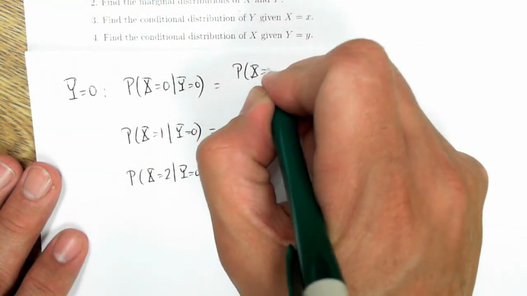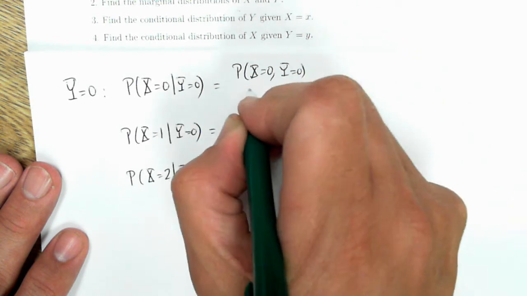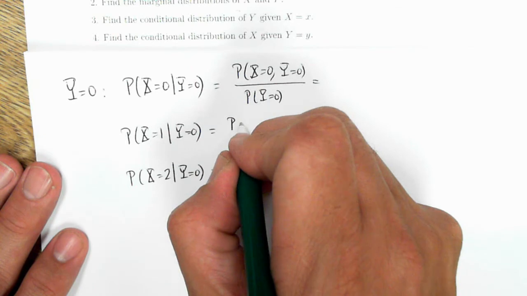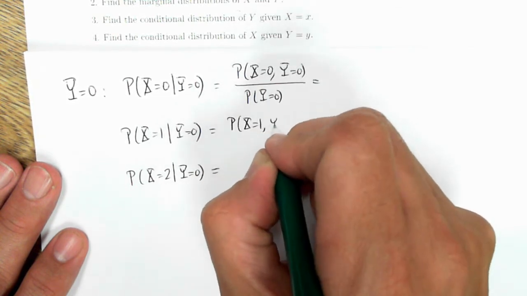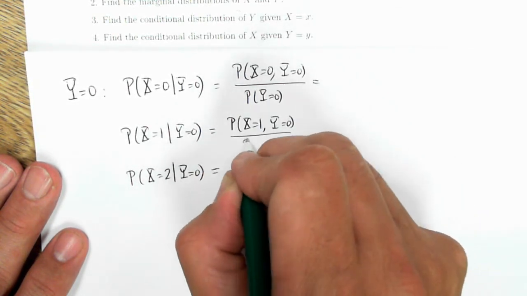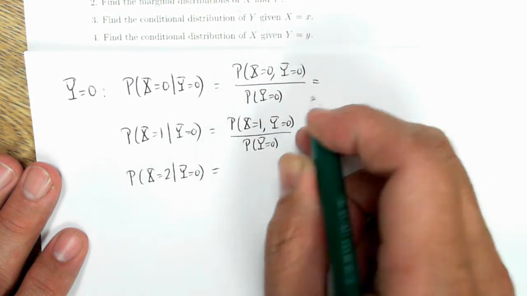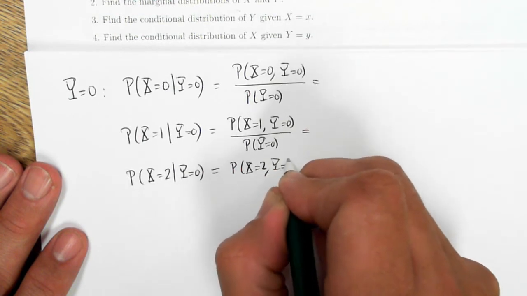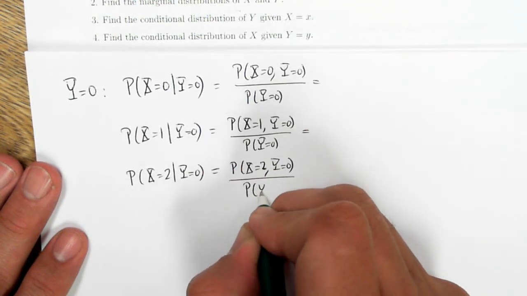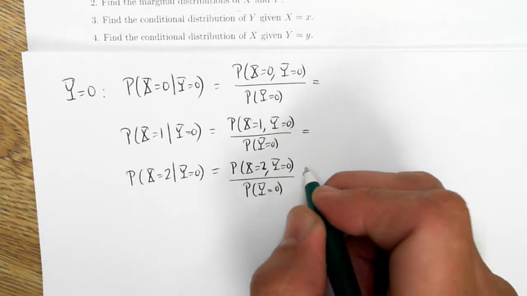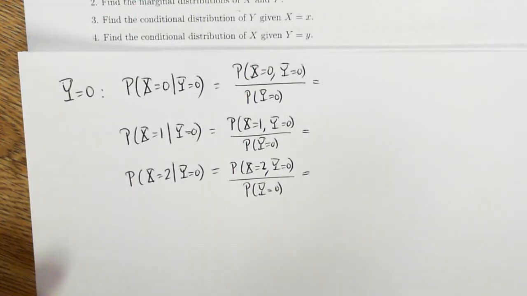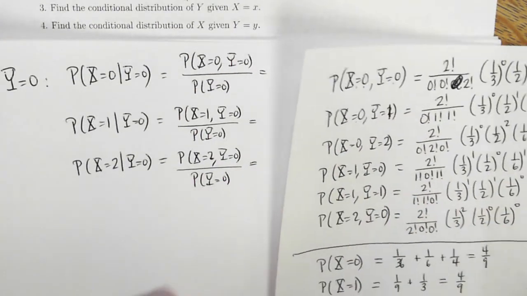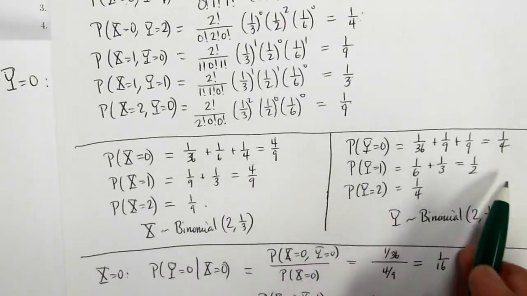So that's the chance that x equals 0 and y equals 0 divided by the probability that y equals 0. This one is the probability that x is equal to 1 and y equals 0 divided by the probability that y equals 0. The last one is the probability that x equals 2 and y equals 0 divided by the probability that y is equal to 0. Okay, now we refer back to previous work. The chance that y is equal to 0 we found earlier to be 1/4.